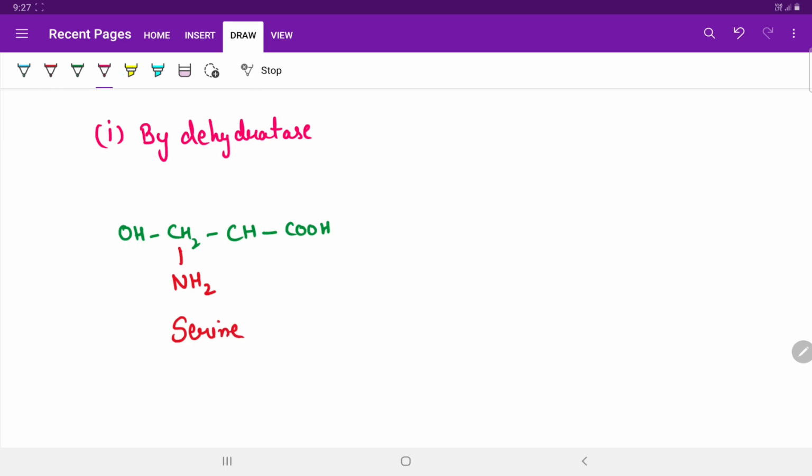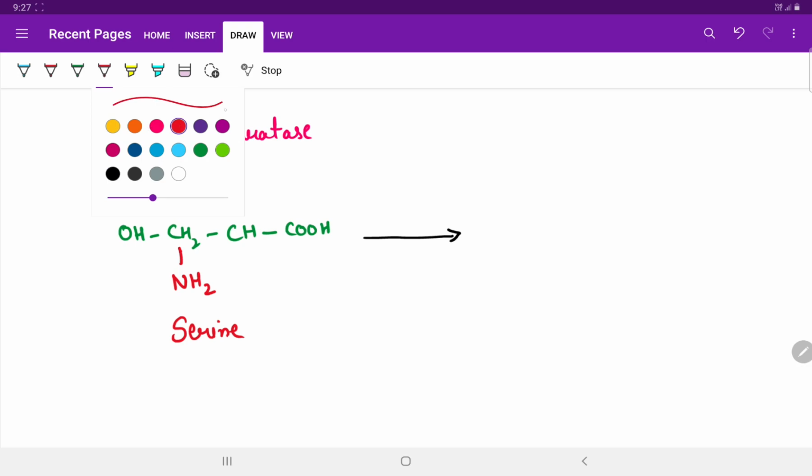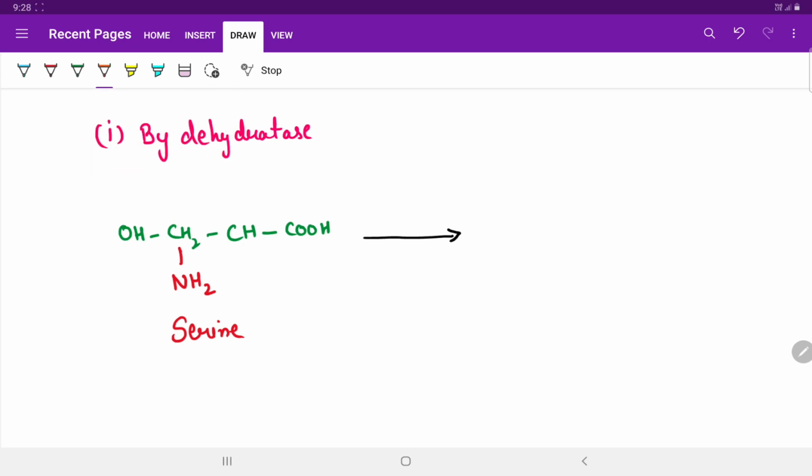Now in presence of enzyme serine dehydratase, or simply the dehydratase enzyme, it is converted into the corresponding amino acid.